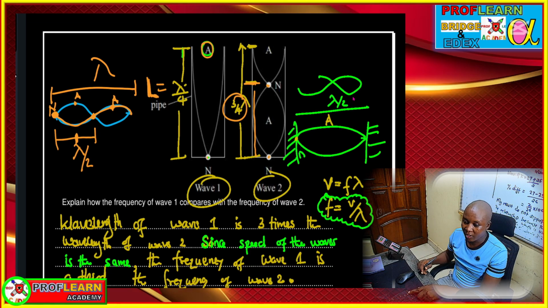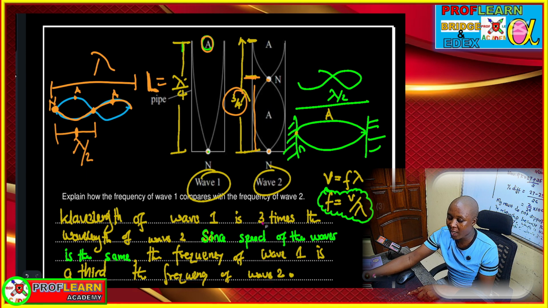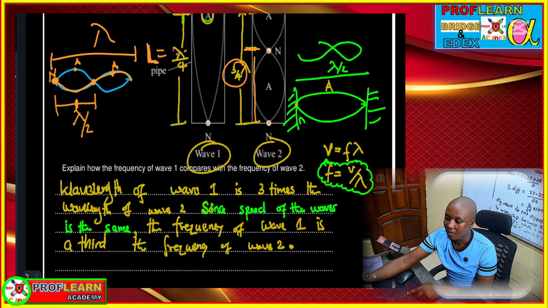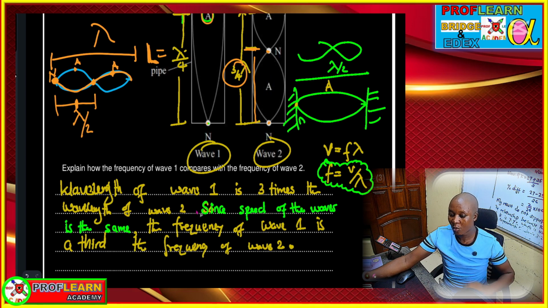Then explain how the frequency of wave 1 compares with the frequency of wave 2. This is wave 1 and wave 2. So we can see the wavelength of wave 1 is 3 times the wavelength of wave 2.